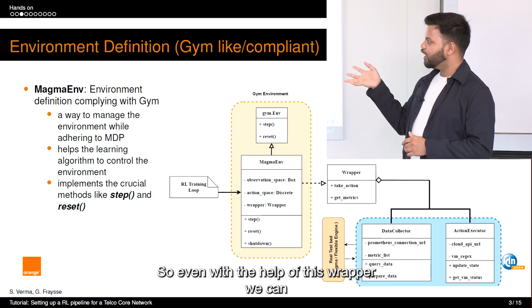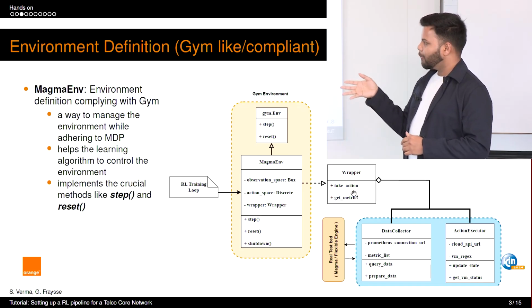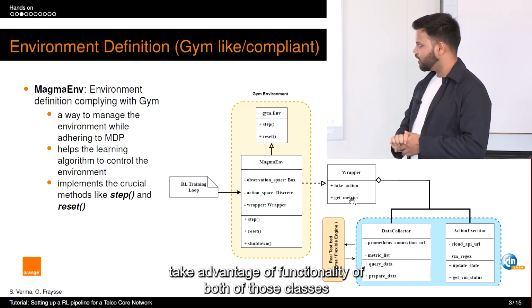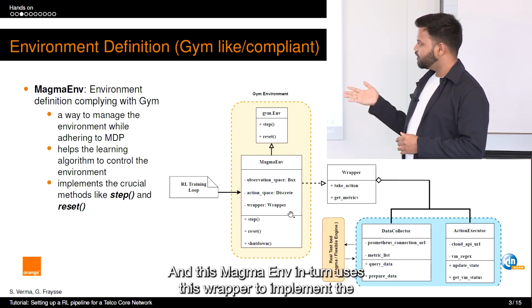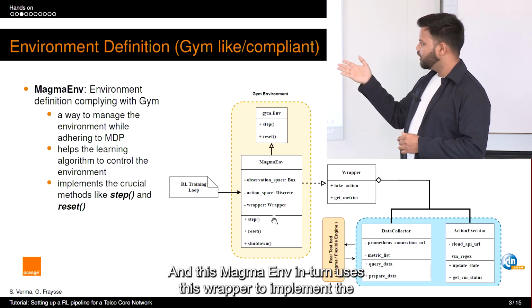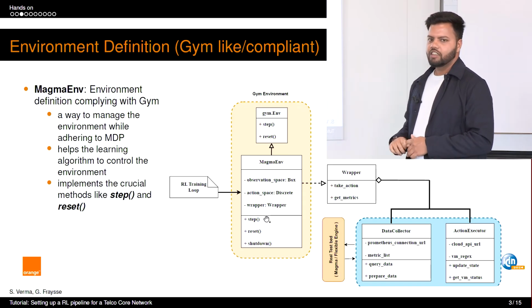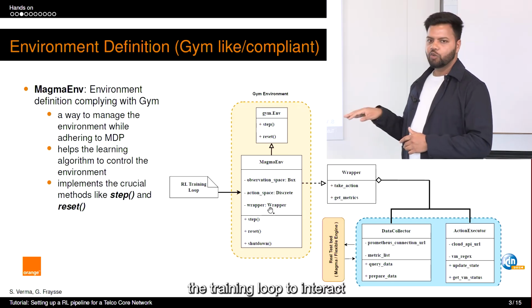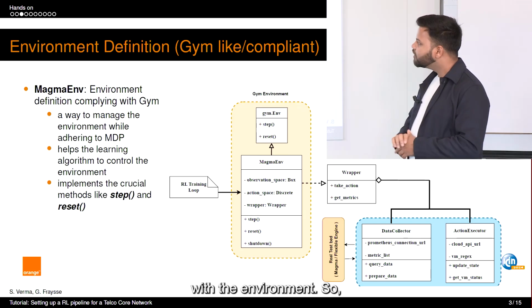With the help of this wrapper, we can take advantage of the functionality of both of those classes. And this Magma env in turn uses this wrapper to implement the logic for the training loop to interact with the environment.